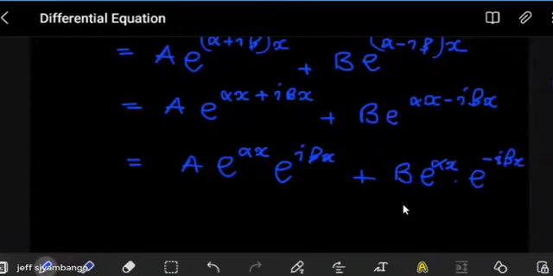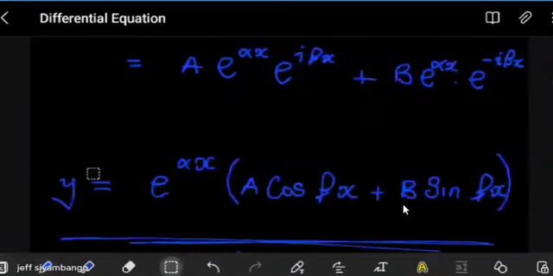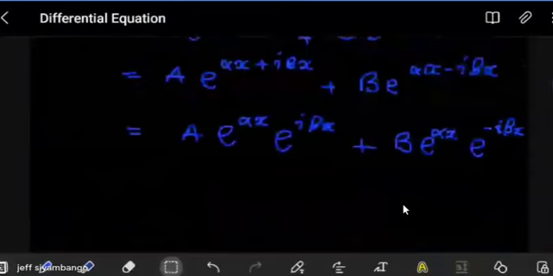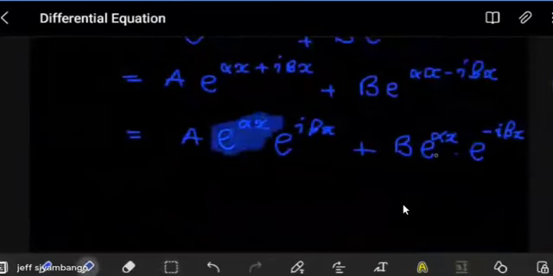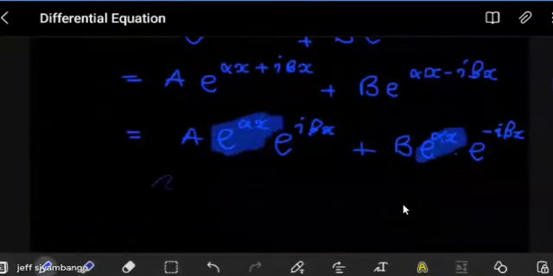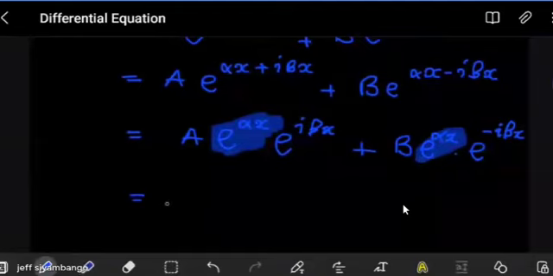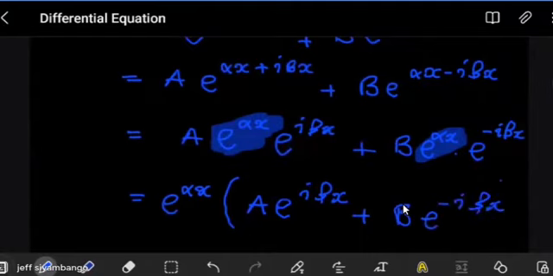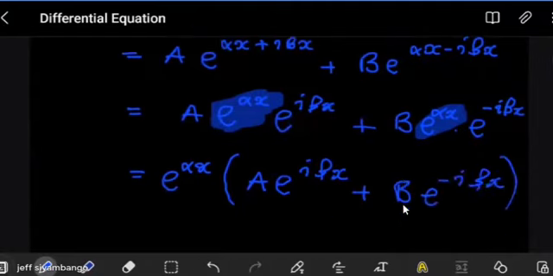Now, when you look at that expression, e to the alpha x is common on both terms. So you can factor it out. This can now be seen as e to the alpha x, open bracket, A e to the i beta x, plus B e to the minus i beta x. So this is the expression that you now have.